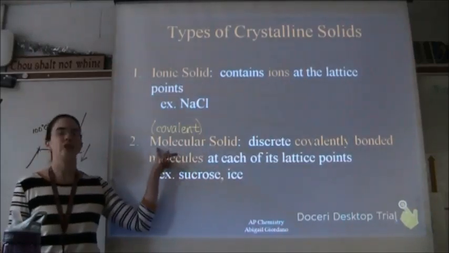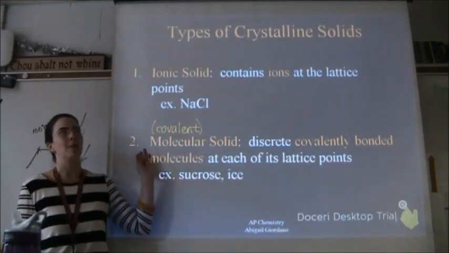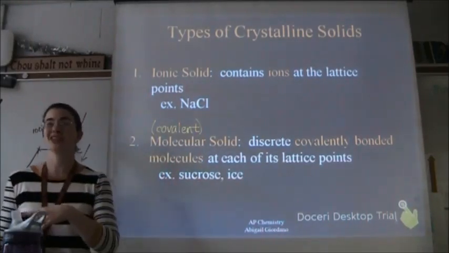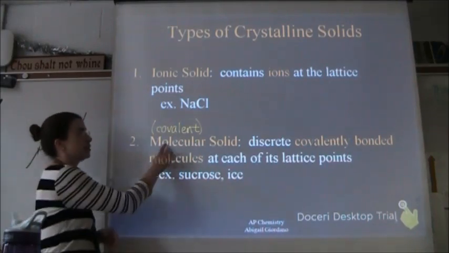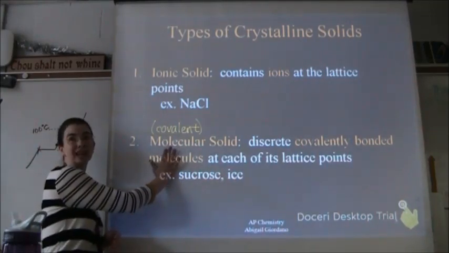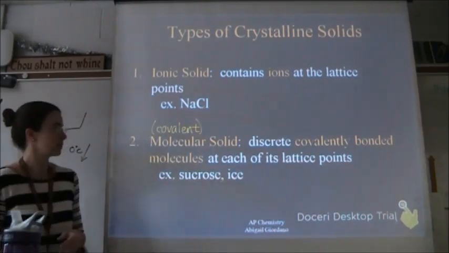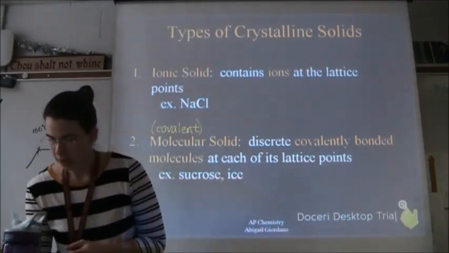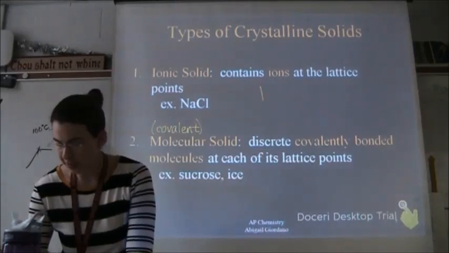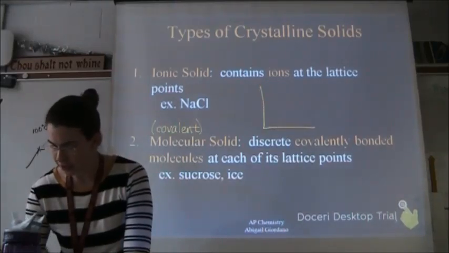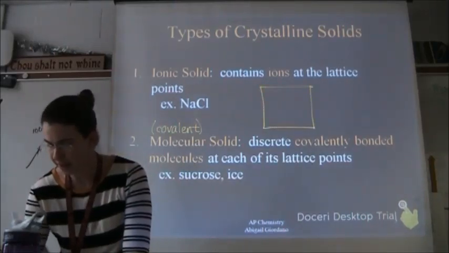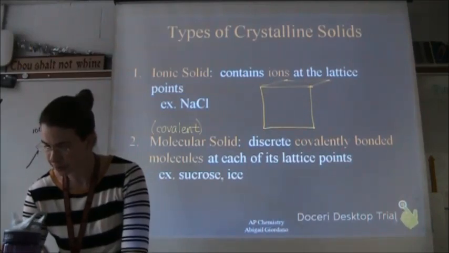We don't ever use the word molecule or molecular if we're talking about something ionic. This is a word used in covalent situations. So a covalent solid. Okay? Covalent solids, molecular solids can still have structure. They can still have a lattice structure.